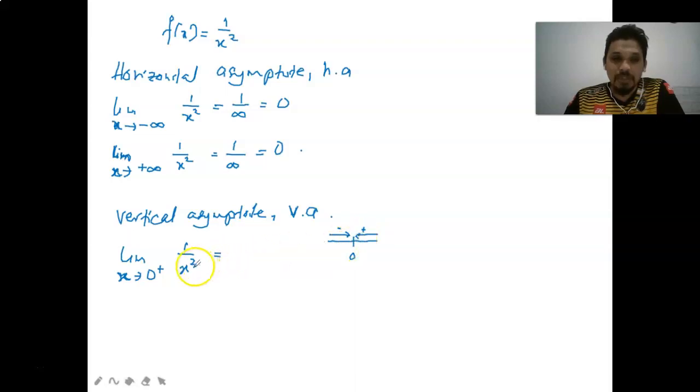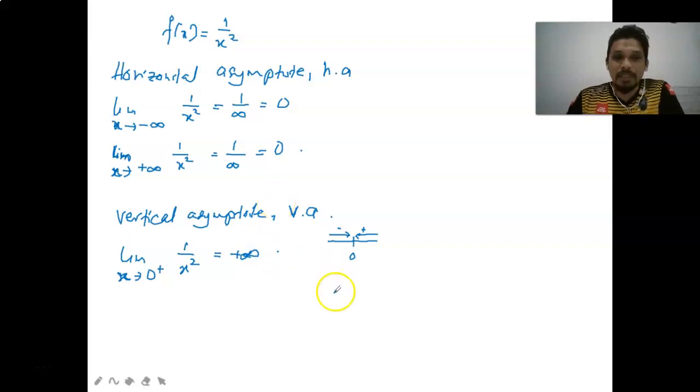So substitute into this value. Let's say x equal to 0.01 squared equal to 0.0001. Okay, 1 over 0.0001, then it gives you a big value which is positive infinity.